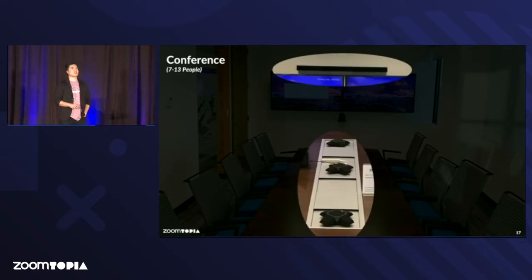So for conference room 7 to 13, we break this down into a medium-sized room where you can fit 7 to 13 people. And this is Zoom's favorite setup. On the table, there are MXL 360 microphones, and MXL does have a booth here too, so go and talk to them for this, and then a JBL soundbar.